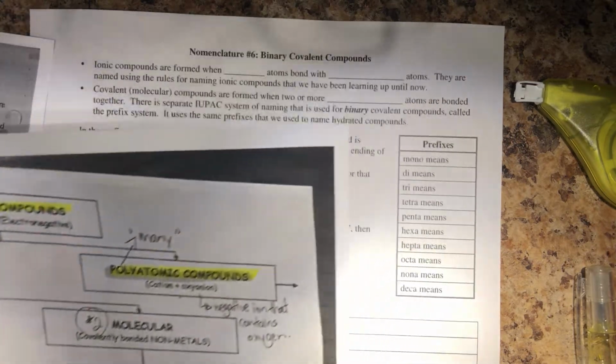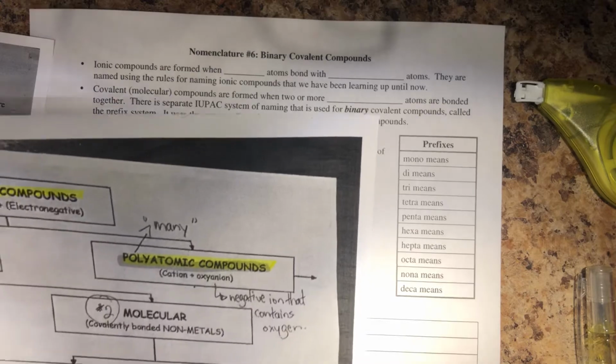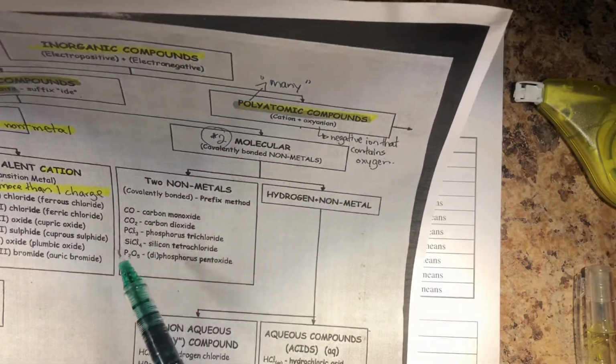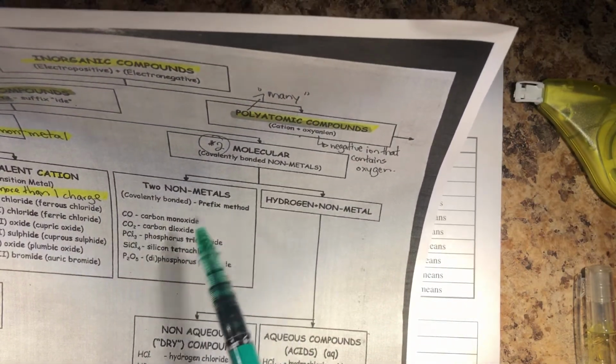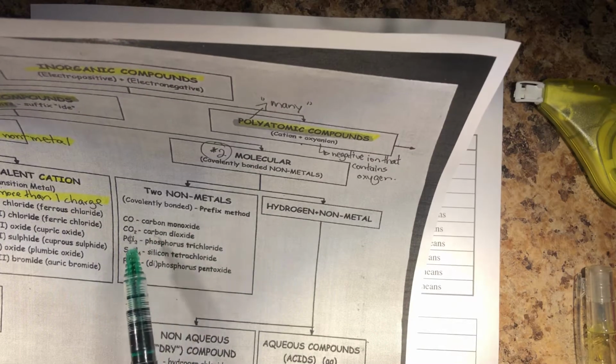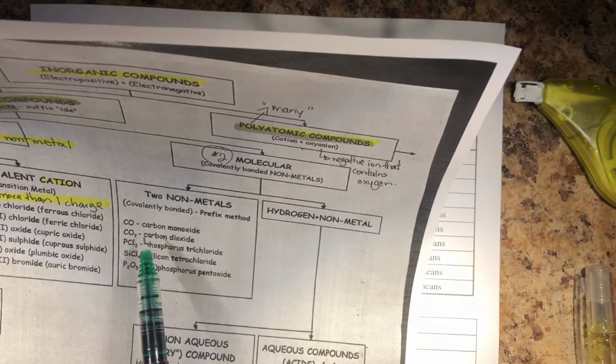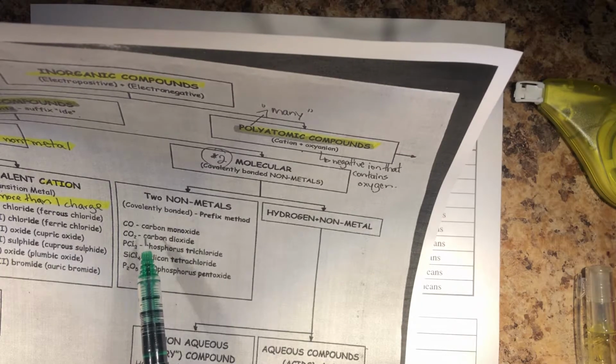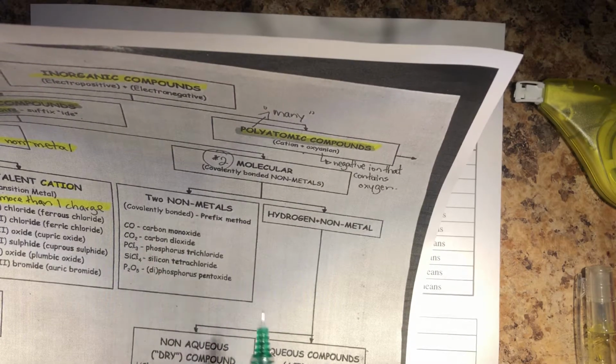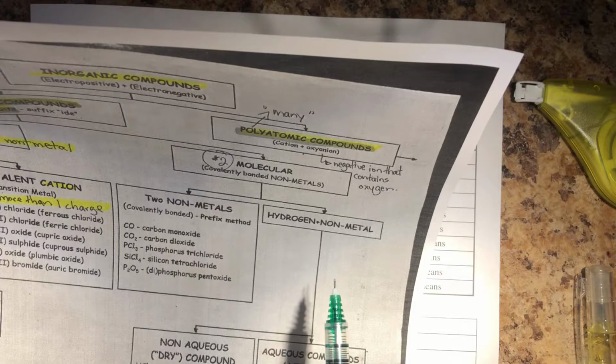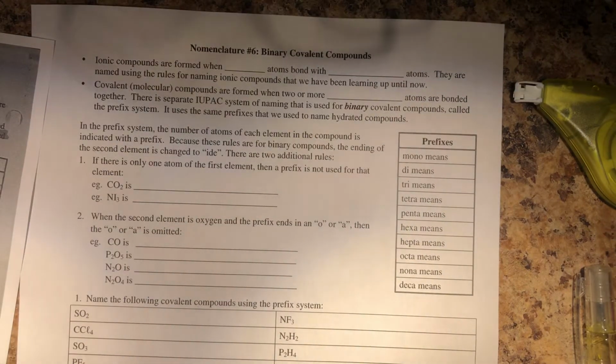Okay, so I'm going to have you flip to, and so there's some examples here. We're going to use the prefix method. Prefix meaning in front of, so this tells us how many of each element there is in the compound. So we're going to see that on our next page, which is this one.